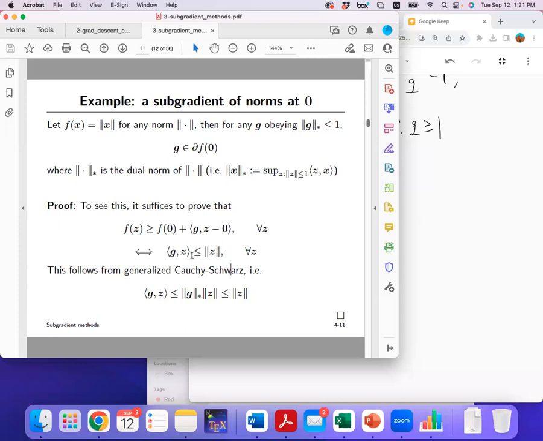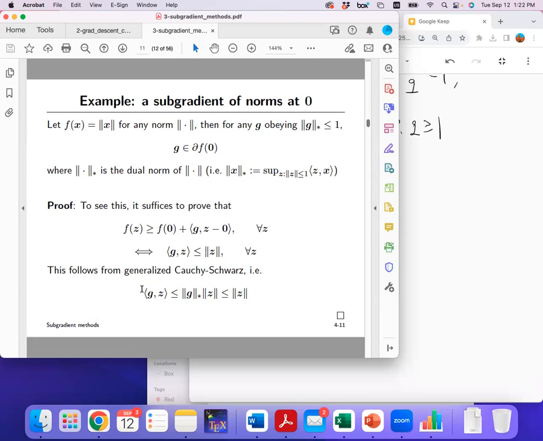And this is highly related to this definition, because this definition is looking at the maximum dot product over Z with norm less than 1. So these two look similar to each other. This is why the dual norm is introduced.